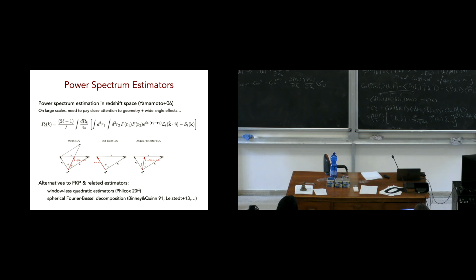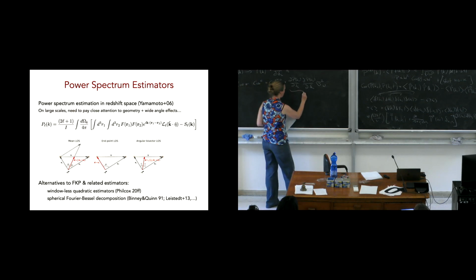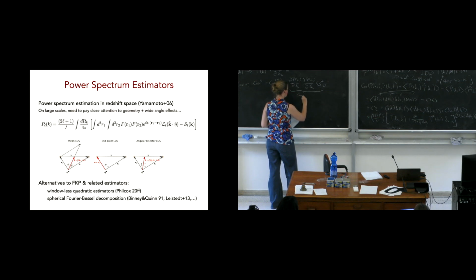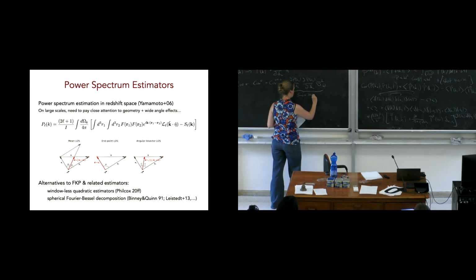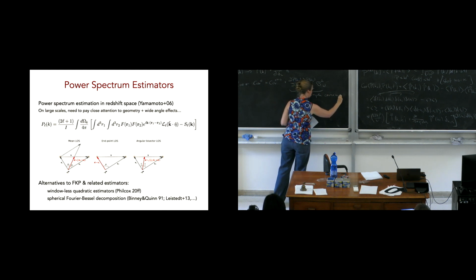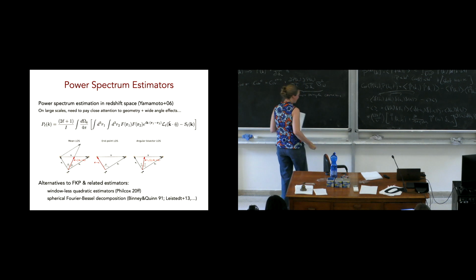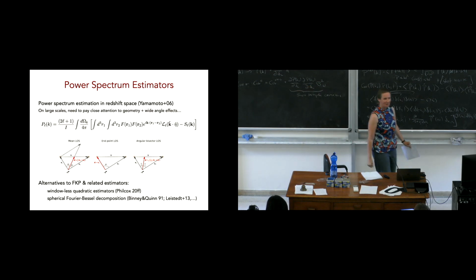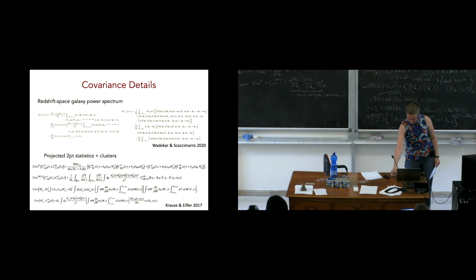Just the same way we have to now account for how these large-scale modes affect the power spectrum. All right, that is something that, of course, is very schematic, but don't worry.